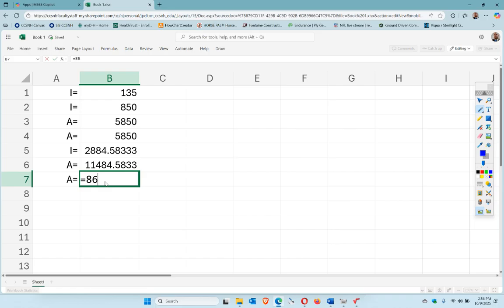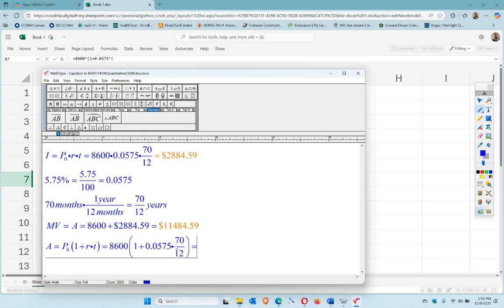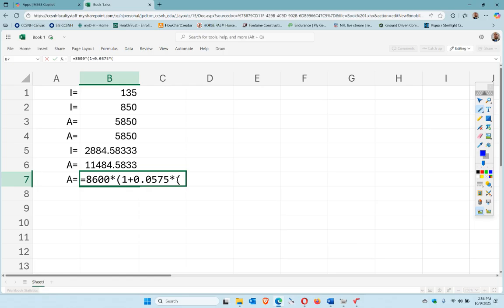So 8,600 with the equals, times parentheses 1 plus the 0.0575 times parentheses, what was the fraction? The fraction was 70 over 12. 70 divided by 12. Close paren, right? So that's the formula.